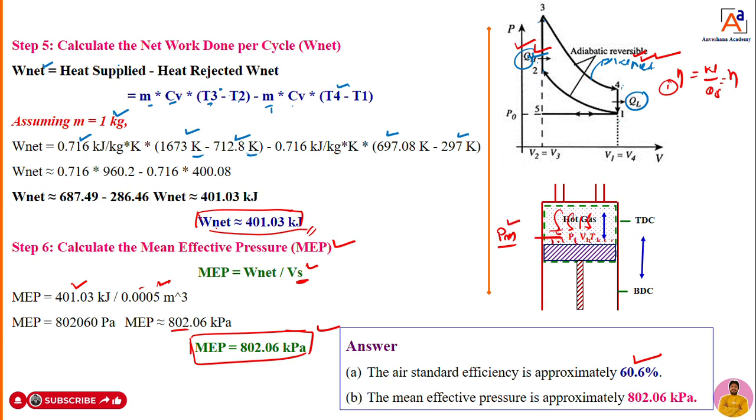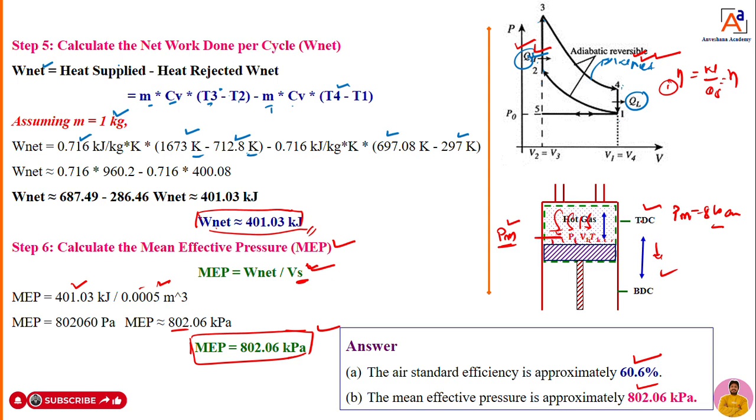Because of that pressure, the piston will start to move from TDC to BDC. That mean effective pressure I can calculate with the help of this equation. How much mean effective pressure is acting on this piston? That is 802.06 kilopascal, or Pm is equal to 8 bar. 8 bar pressure is acting on the surface of the piston, hence the piston is moving from TDC to BDC.